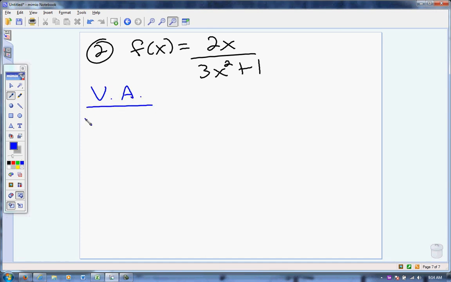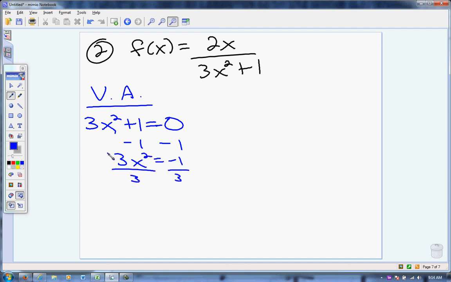My vertical asymptote is 3x squared plus 1 equals 0. There should be some light bulbs going off in your head because I've got something squared plus a number. But let's just go ahead and do it algebraically. 3x squared equals negative 1. Divide both sides by 3. x squared equals negative 1/3.